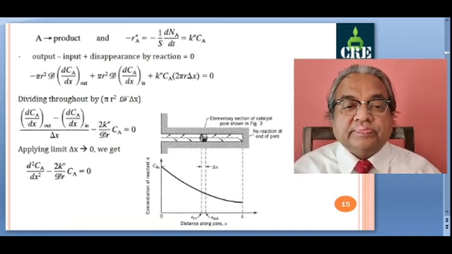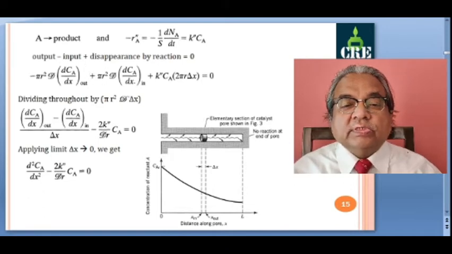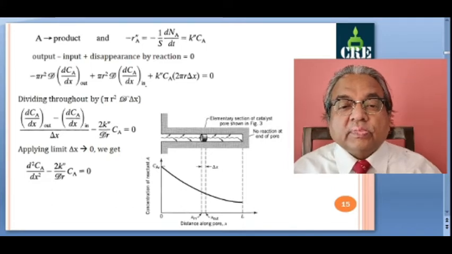If we write the material balance, output minus input plus disappearance is equal to 0. So minus pi r square D into dCA by dx out, minus input, so minus minus plus pi r square D into dCA by dx in, plus k double prime Ca 2 pi r delta x is equal to 0.